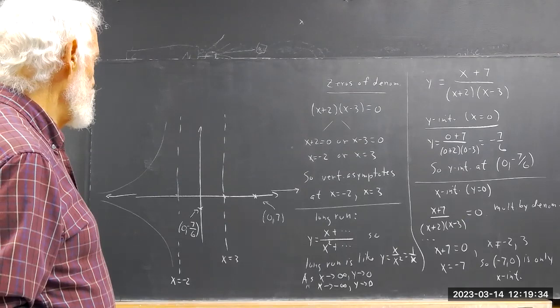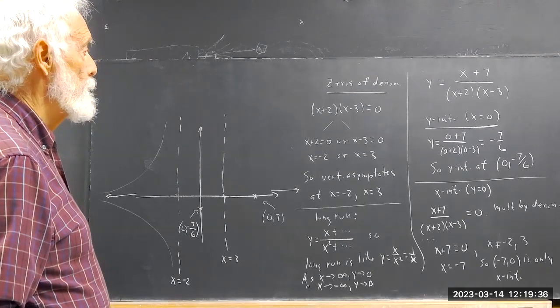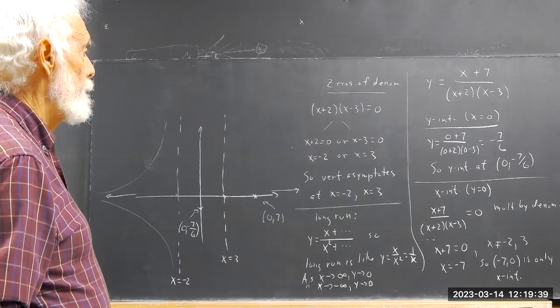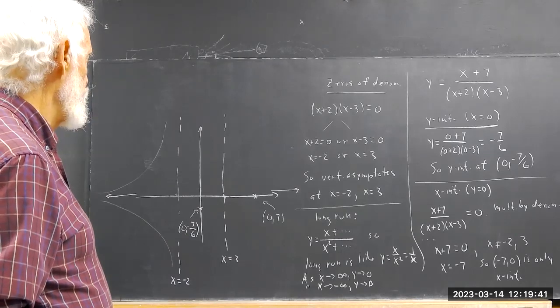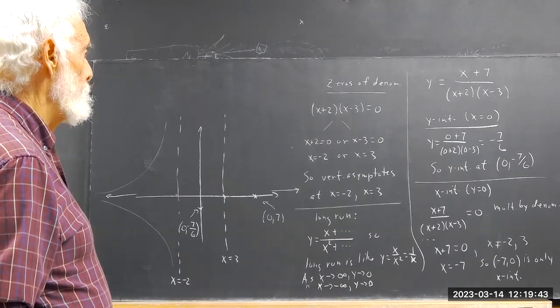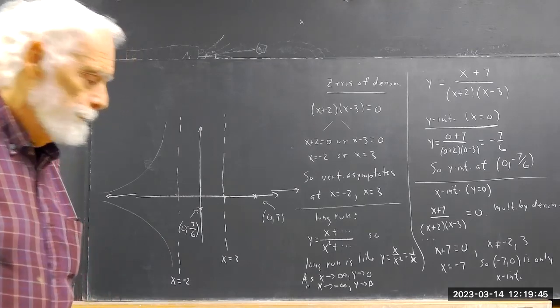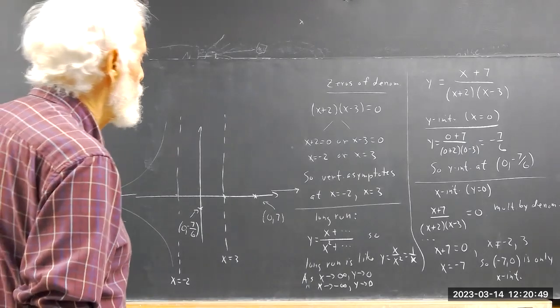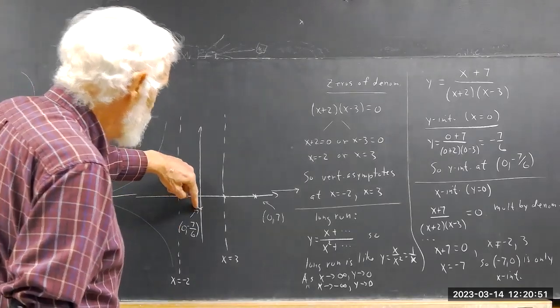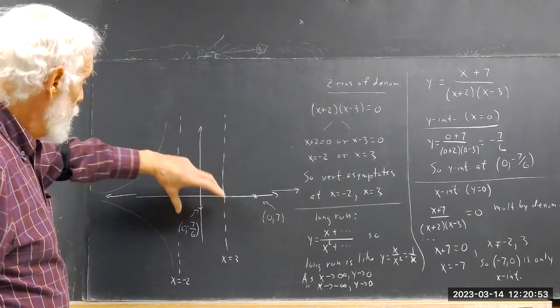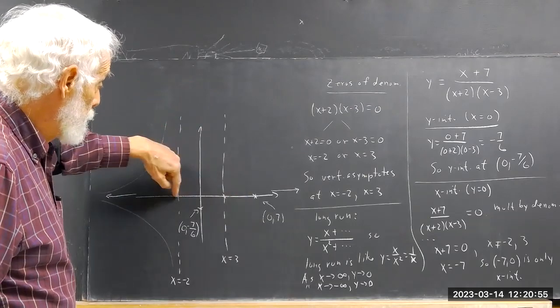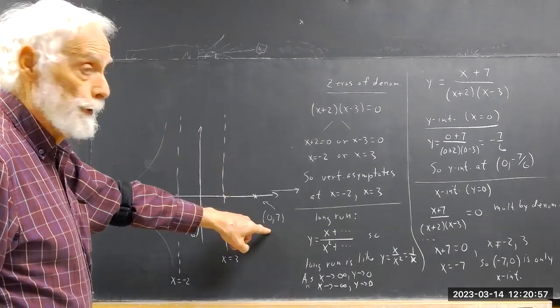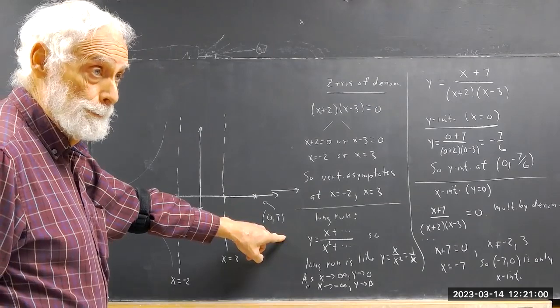What a problem here. Okay. x is negative here. And it can't cross the x-axis between here and here, because the only place you can cross the x-axis is at -7, 0.